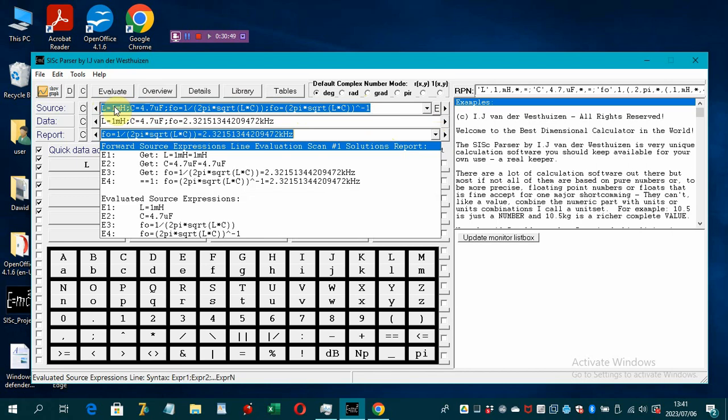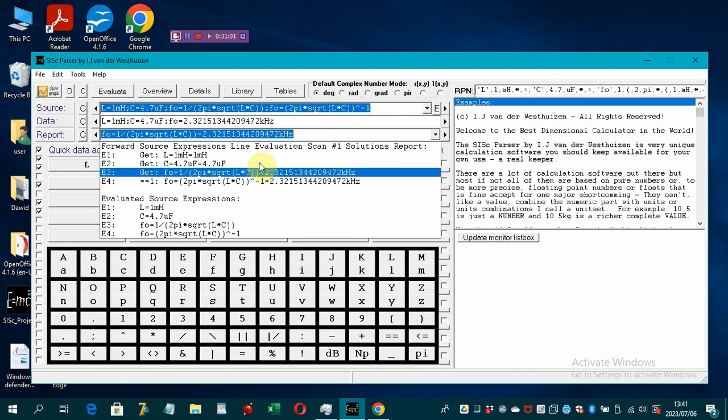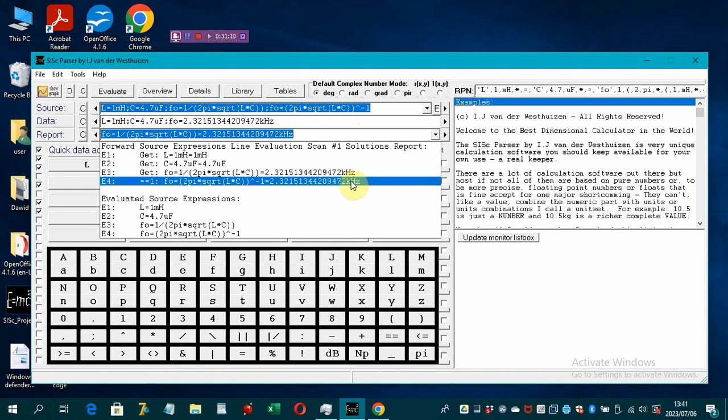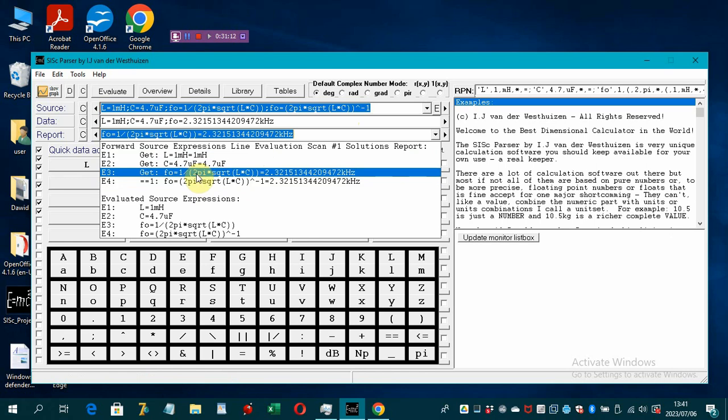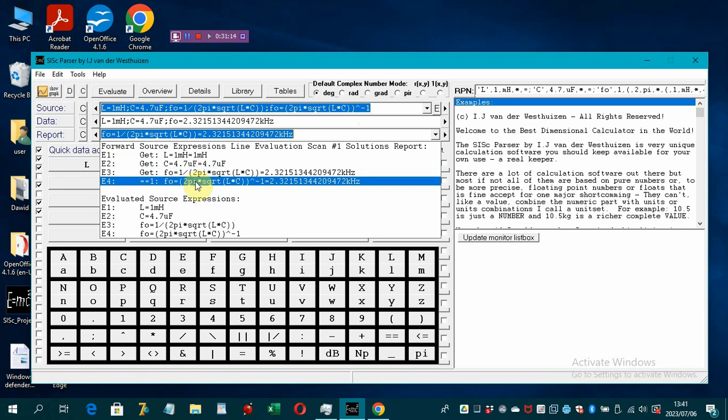L is 1 millihenry and C is 4.7 microfarad, and FO is a formula, and then FO is another form of the same formula. You will see that in both cases it gets the same answer, but it actually will tell you it is in kilohertz. So you see that's the same answer for the two forms of getting FO.